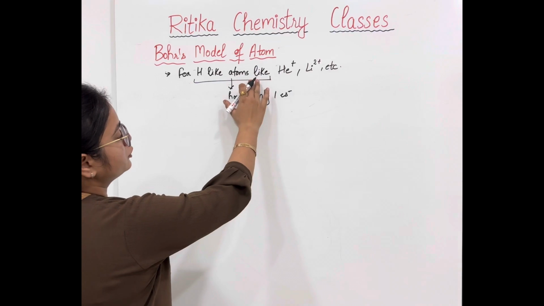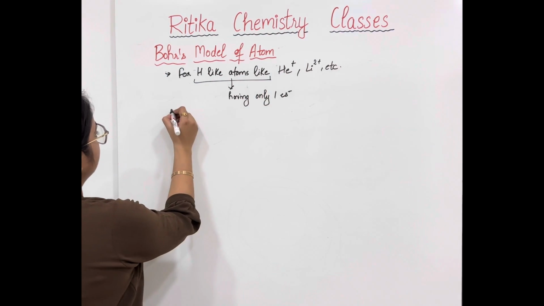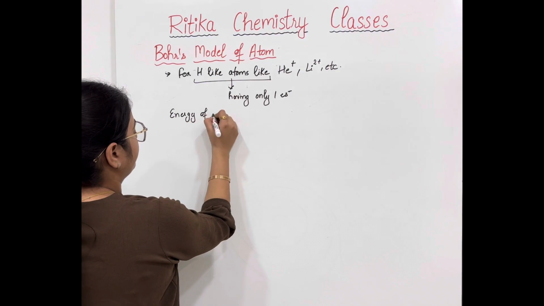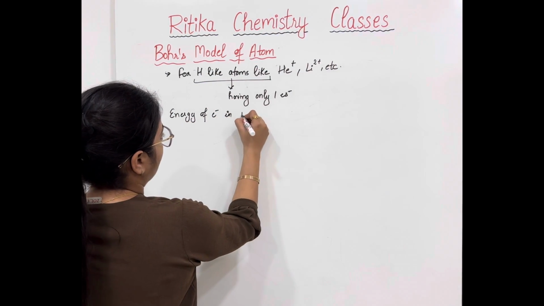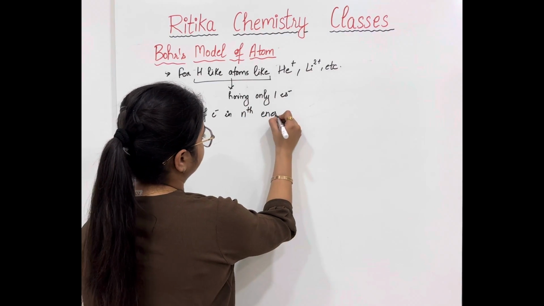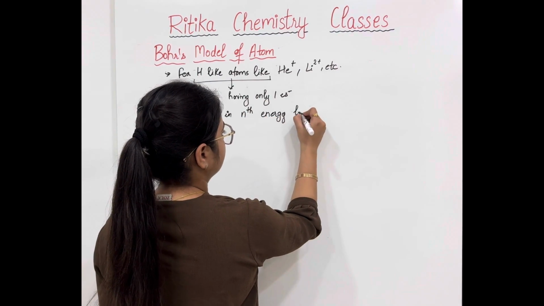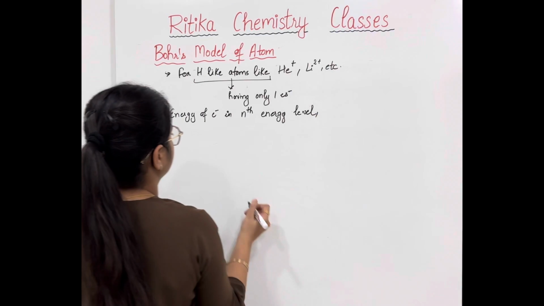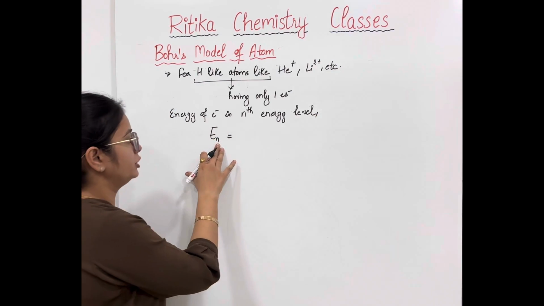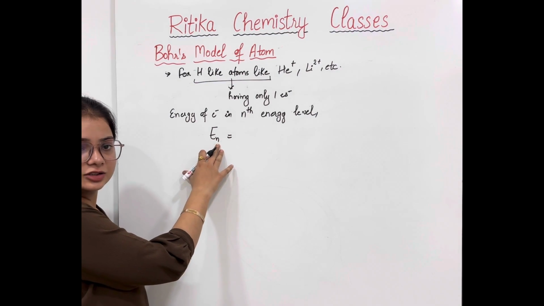For the hydrogen-like atom, the energy of the electron in the nth energy level is given by En, where En denotes the energy of the electron in the nth energy level.